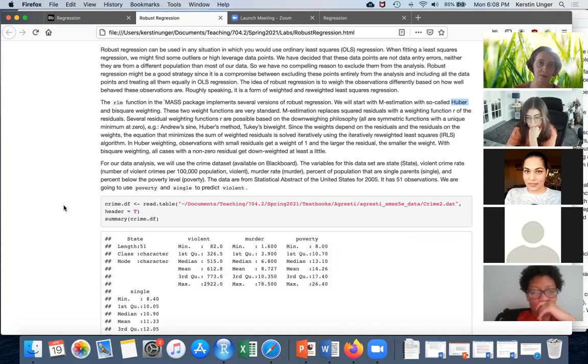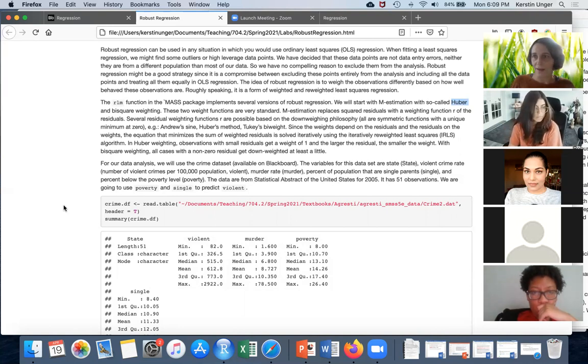So in the worst case scenario, if we use robust regression on a data set that has no issues, where there are not really influential cases, then we are just wasting good data. We are just wasting power. We are running our model on a reduced data set, so why would we want to do that? There's no need to do that if there's no reason to believe that there's an issue.